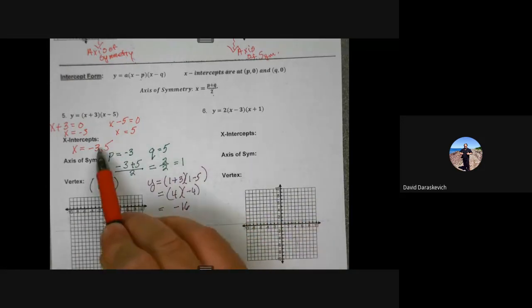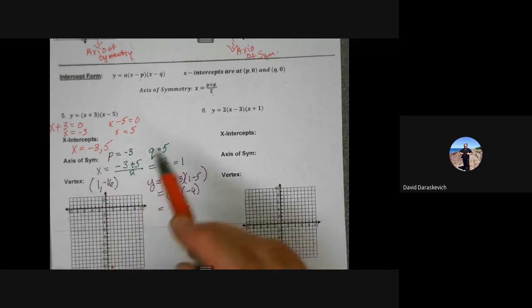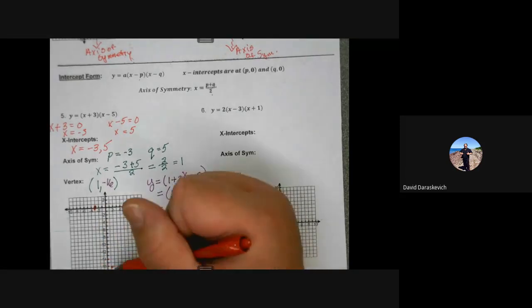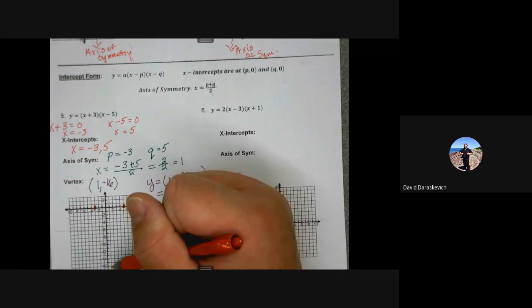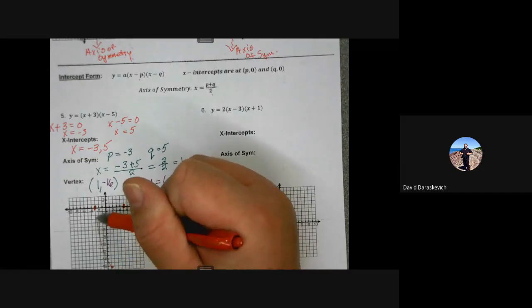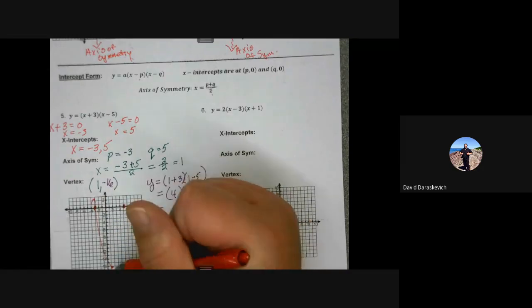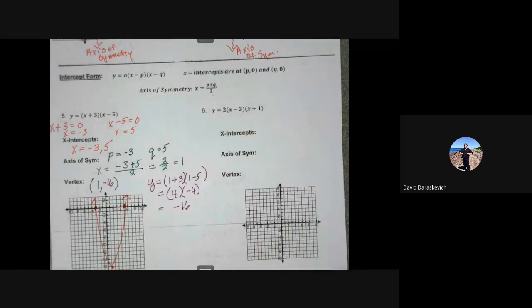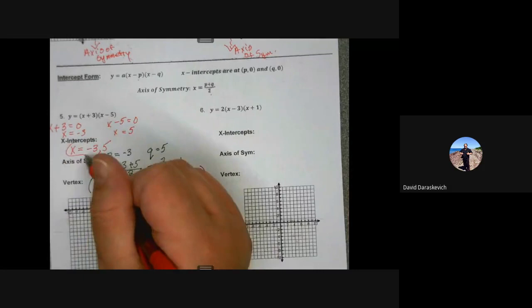Okay, then I have my intercepts, -3 and 5. So it crosses my x-axis at -3 and 5. There's my parabola. Here's my x-intercept.